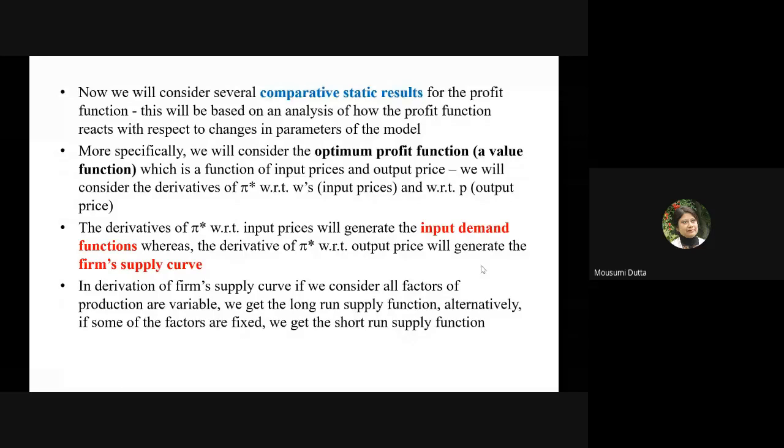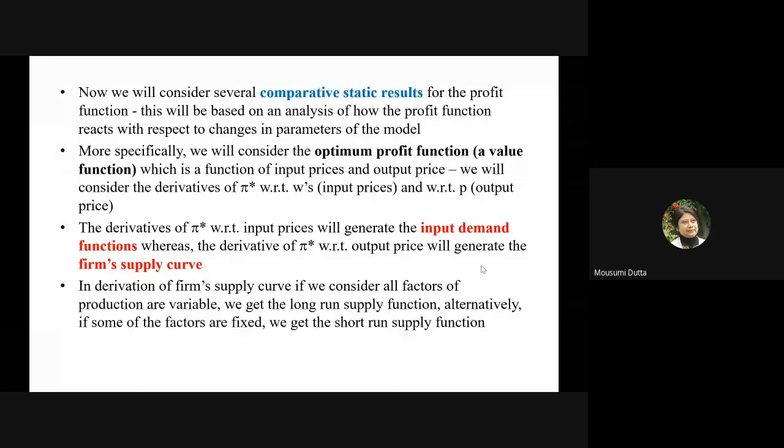For example, if profit is a function of ultimately say W and R, in that case, we will like to find out if wage rate changes or rental rate changes, how the maximum profit function will change.